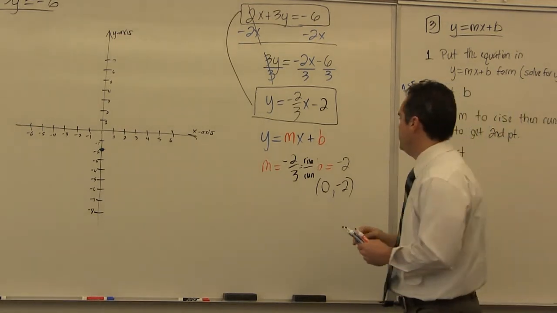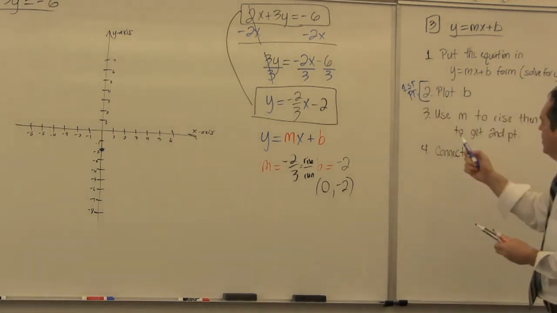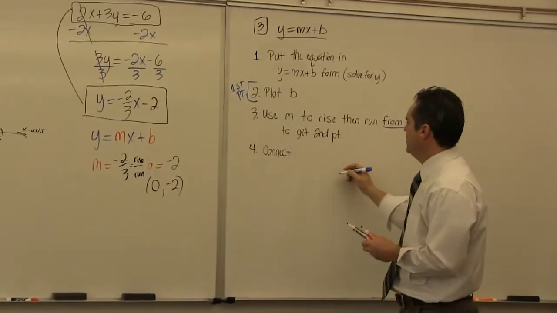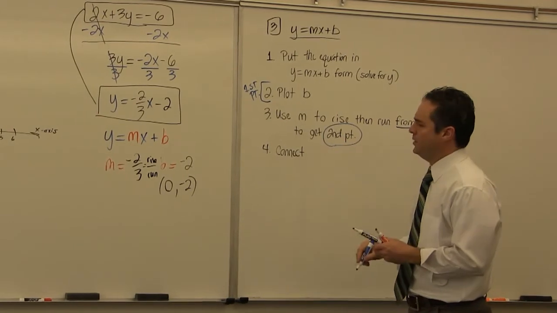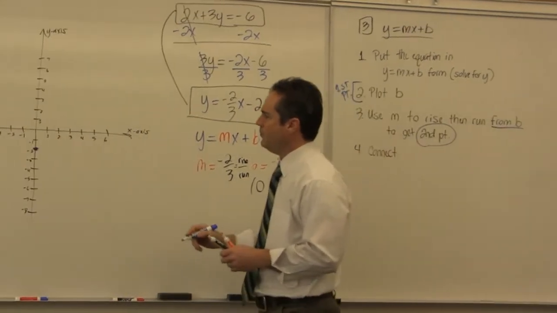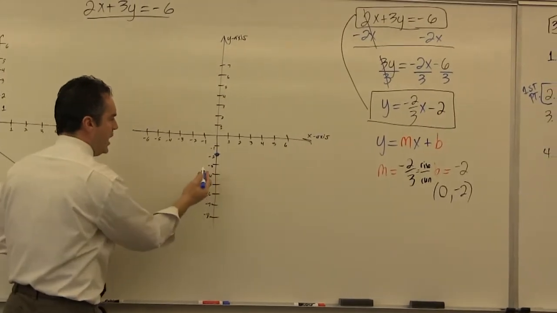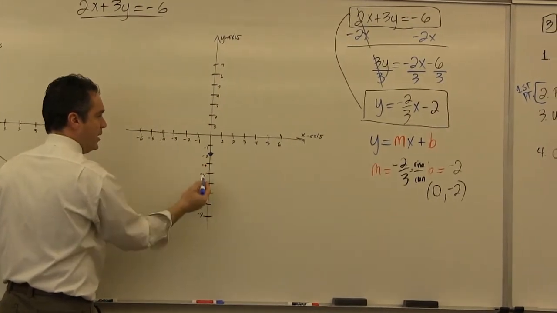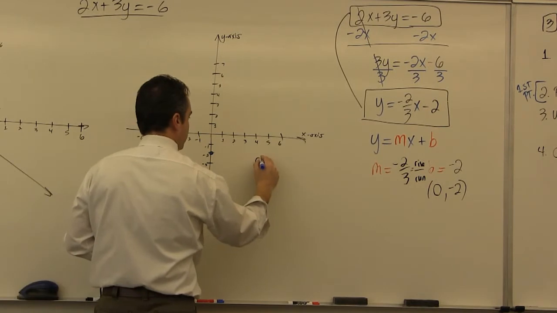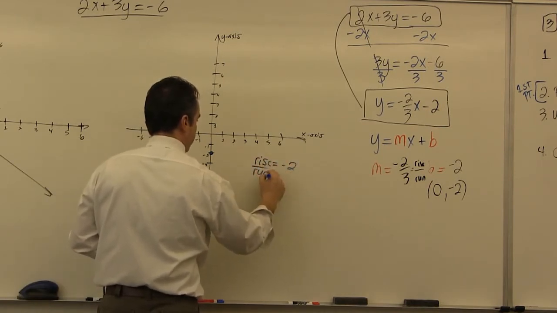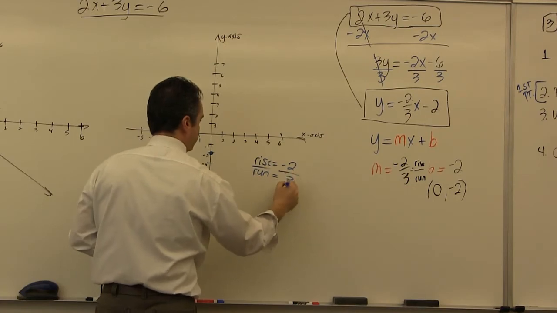So let's go ahead. We need a second point. So look at this. We're using m to rise and run from the point b to get our second point. Here we are. This is b. And we want to rise, which could mean to go up or down. And our rise equals negative 2, and our run equals positive 3.